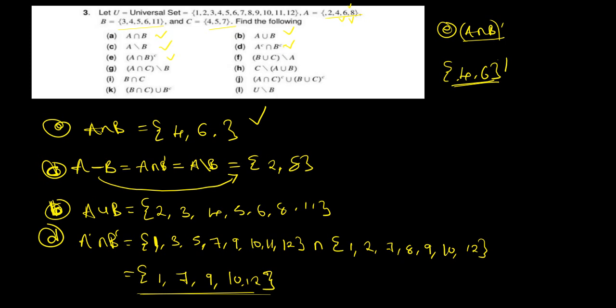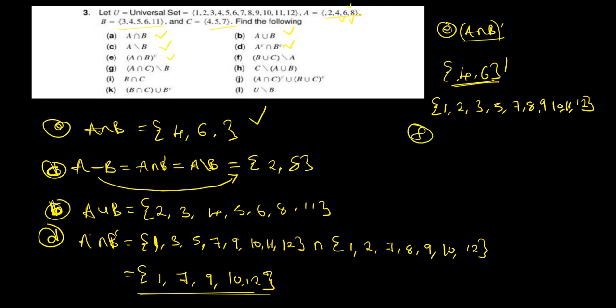So the set will be the universal excluding 4 and 6. So I'll put 1 there, 2, 3, 4 no, so I'll put 5. Then 6 no, so I'll put 7, 8, 9, 10, 11, 12, like that. So that's the answer.